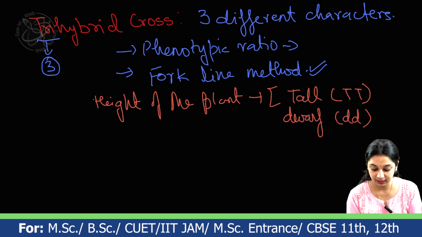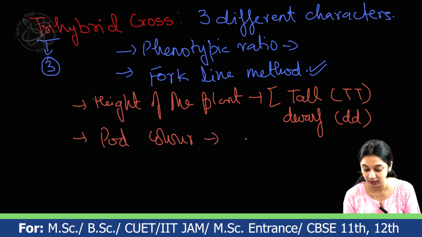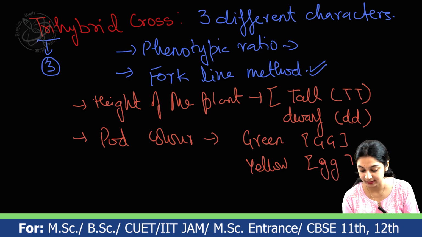The next one is the pod color. There are 2 colors, green and yellow. Here the green one is dominant and the yellow one is recessive.